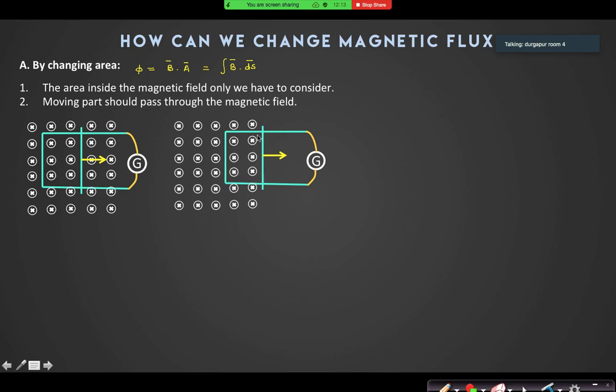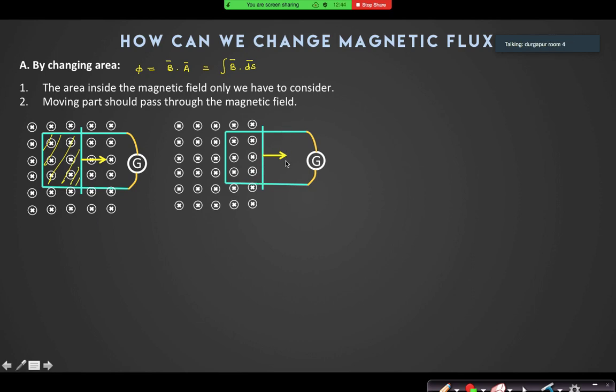So B is constant here. I am changing the area. What area will I consider? Only the area that is inside the magnetic field. I will not take the entire loop area. Although the entire loop is inside the magnetic field, only the closed area that is inside the magnetic field, I will take this one only.